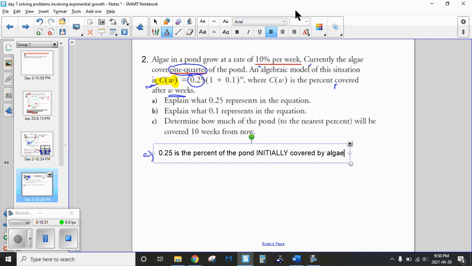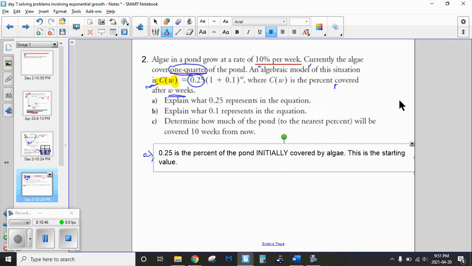I've put initially in caps there because that's the important part. That's like the starting value. And that's important because it's like the multiplier in front of the bracket. It's the amount that we're starting with. And we're going to be able to use that as a rule moving forward, that whatever that multiplier in the front is our initial value, our starting value.